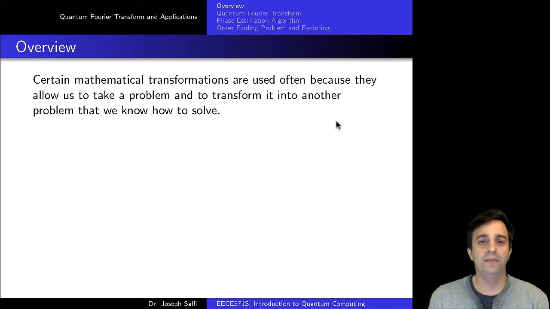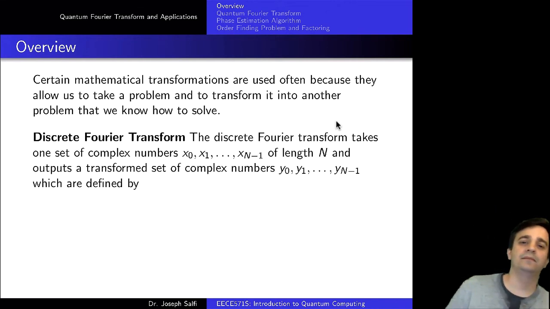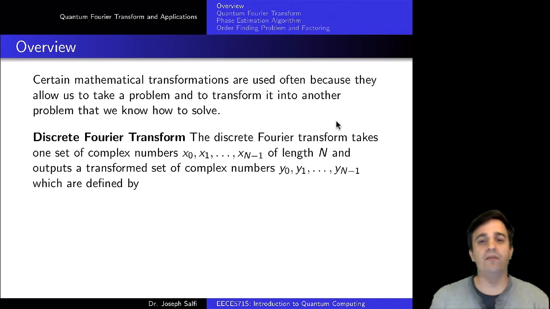So, certain mathematical transformations are used often because they allow us to take a problem and transform it into another problem that we know how to solve. The discrete Fourier transform is one such type of transformation.